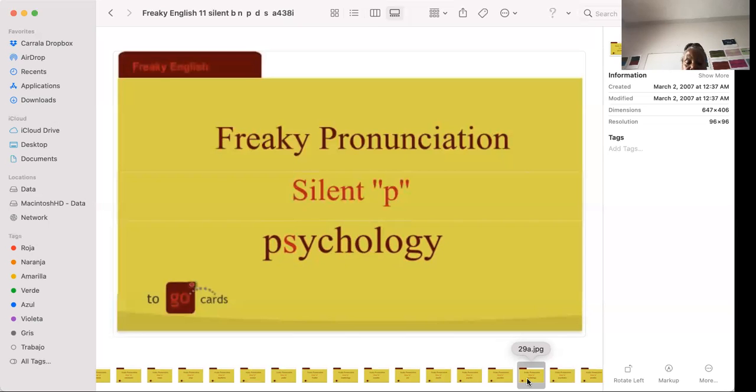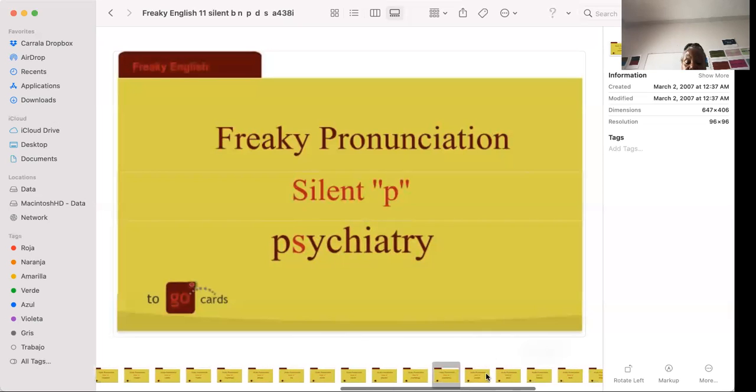Psychology, I remember when I first learned the word psychology, I was told that even though it sounds like it begins with an S, it begins with a P. Psychiatry. Once again, this is a prefix. Ptolemy.